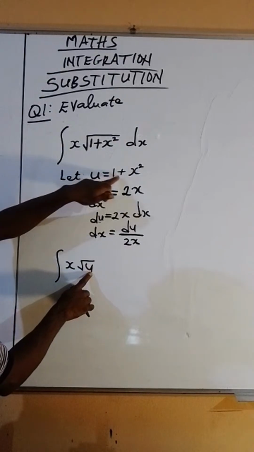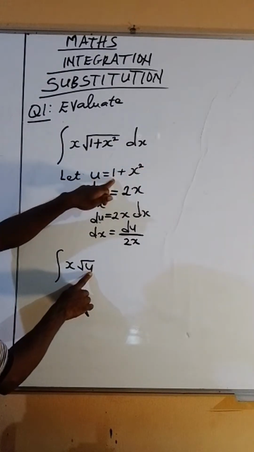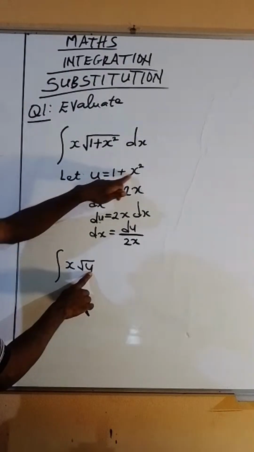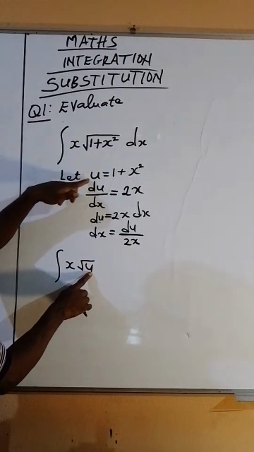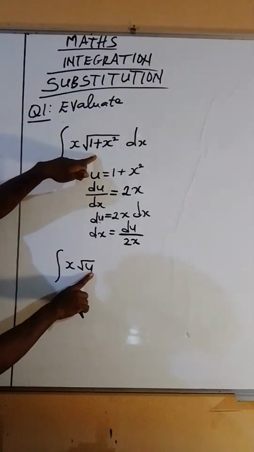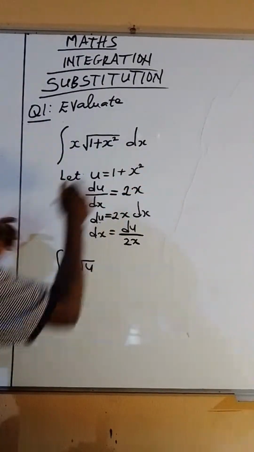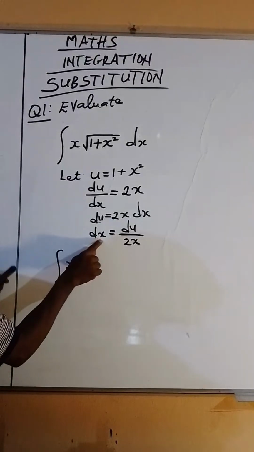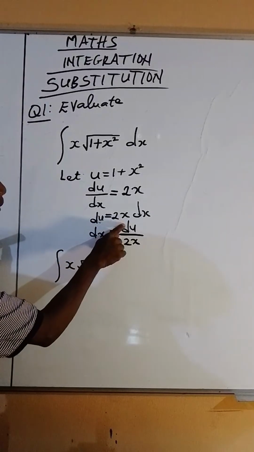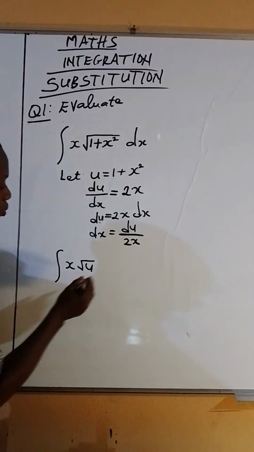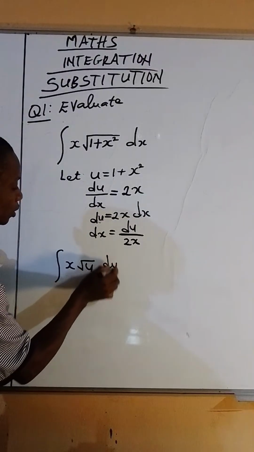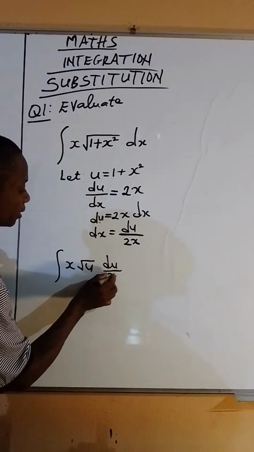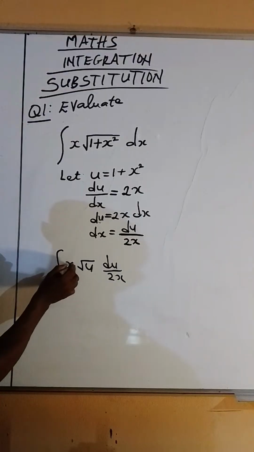So we have used u to substitute for 1 plus x squared here. Then what is our dx? Our dx is now equal to du divided by 2x. So we are going to put du divided by 2x here. If you like, you can put a dot here.